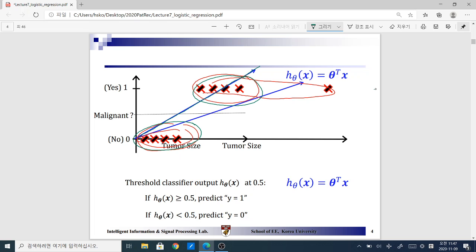So in this case, we can still use the linear regression model for performing classification.